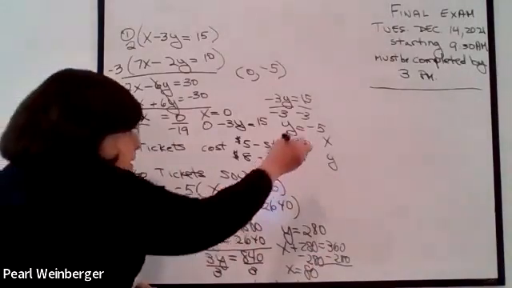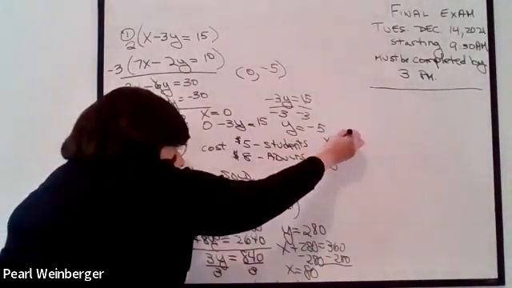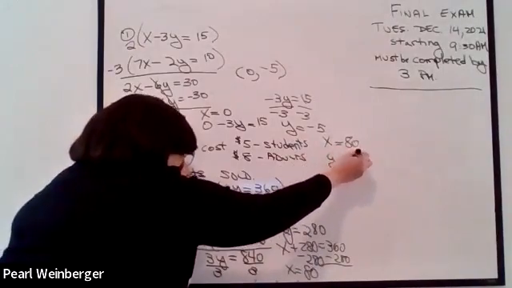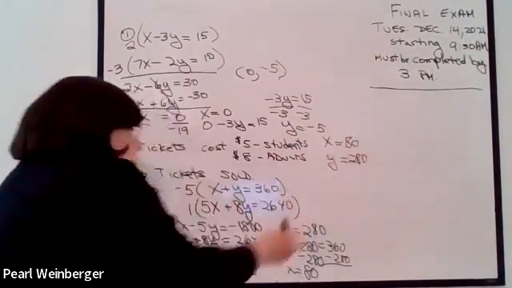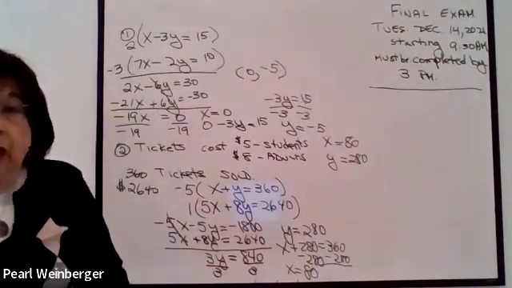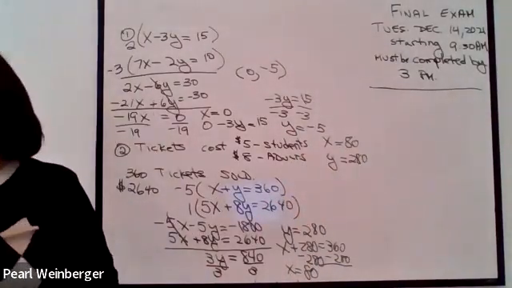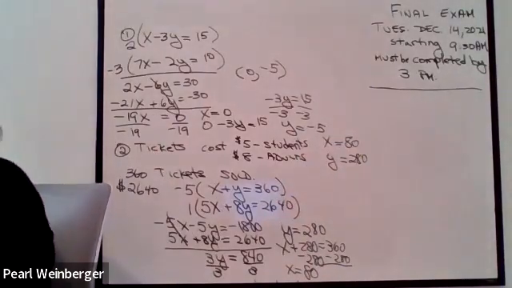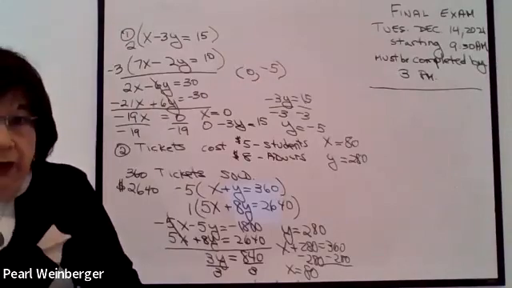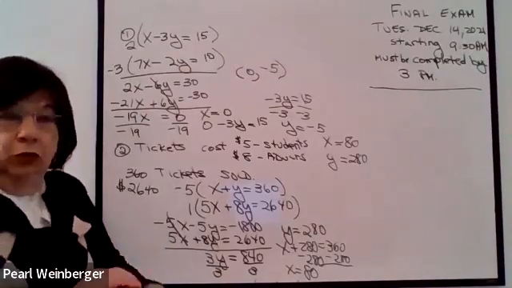So 80 student tickets were sold and 280 adult tickets were sold. And that pretty much takes care of the chapter on systems of equations. So let's do some more problems.